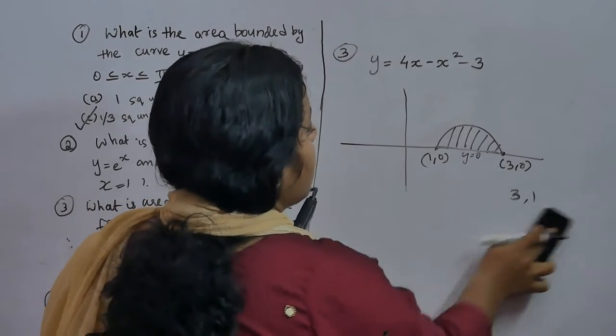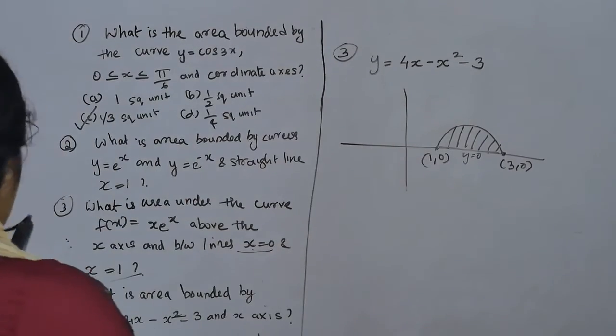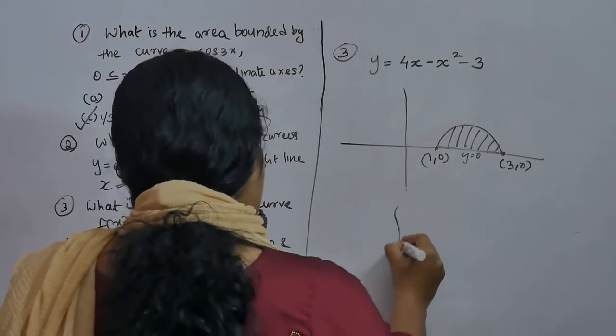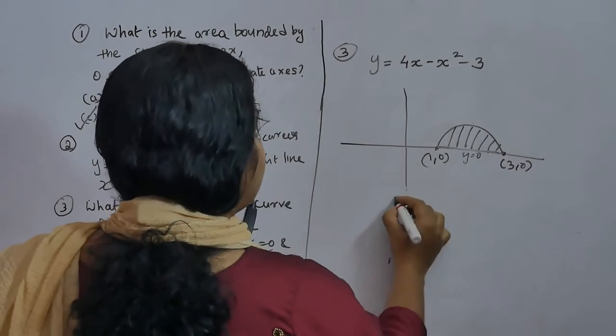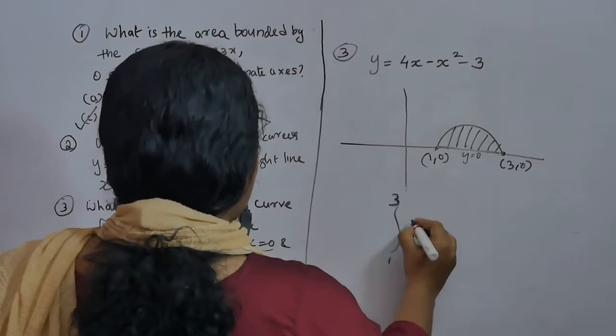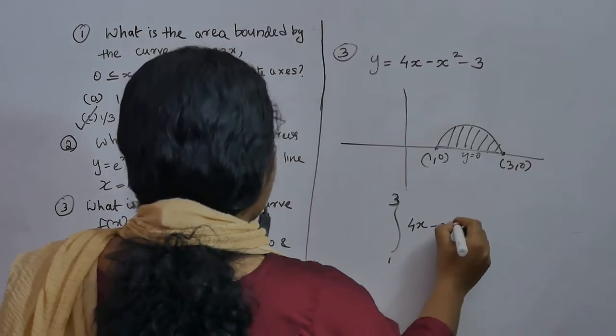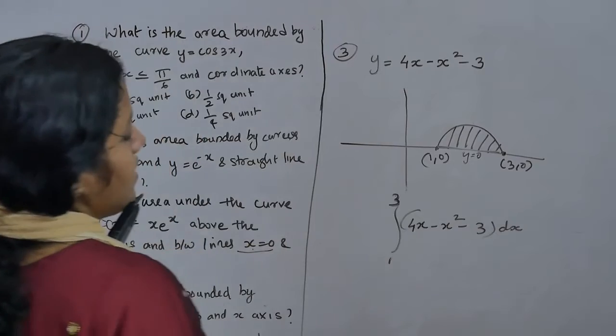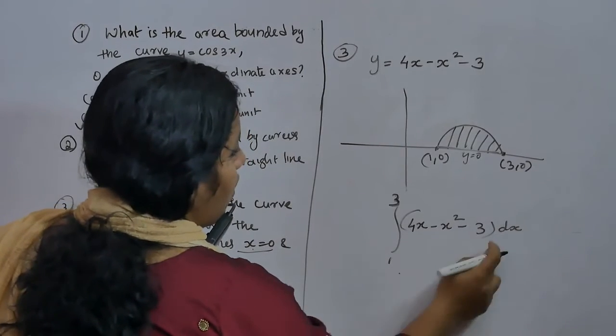This is the curve. Now I am going to do the integration. That is integral 1 to 3 of 4x minus x square minus 3 dx. So how can I integrate?